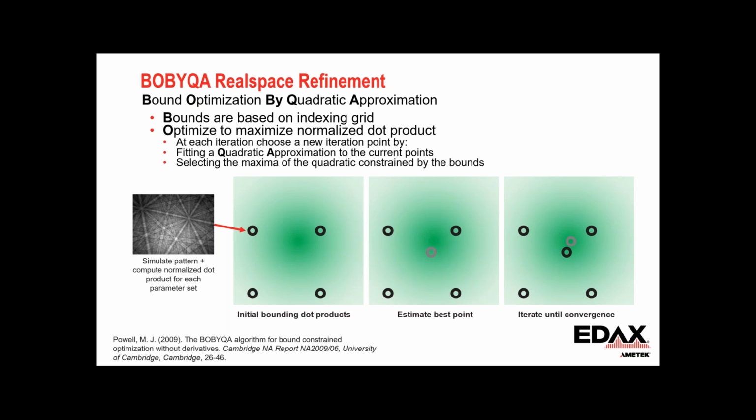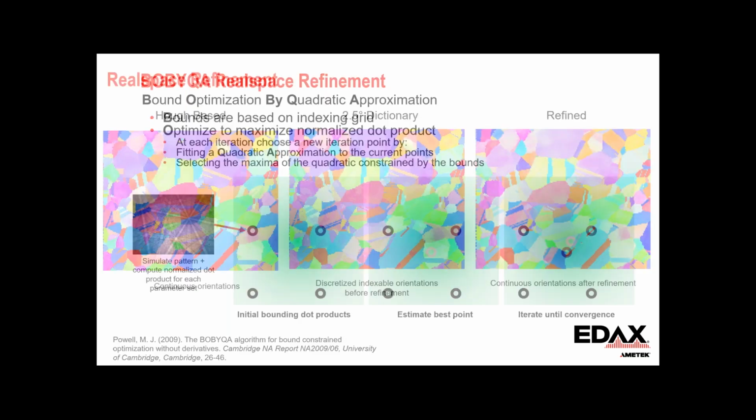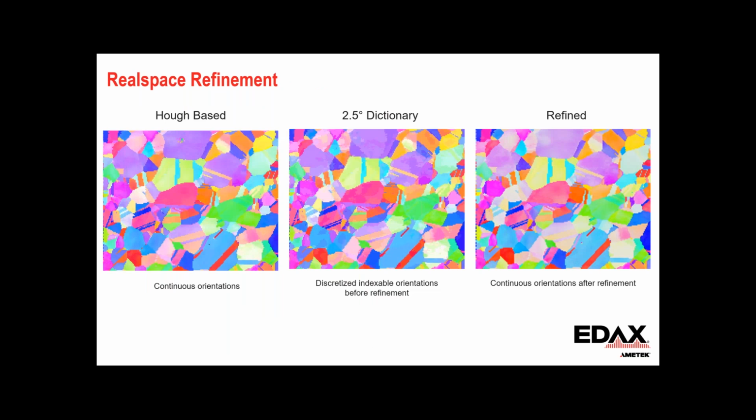You fit a quadratic, say where would the maximum on that quadratic be, evaluate that point next, and then keep iterating until you reach convergence. And so here you start with the bounding grid points of your dictionary and can get a sub-pixel resolution. And this lets you switch from a 1 degree or a 1/2 degree or 2 degree, whatever step size you go with, down to a continuous orientation.